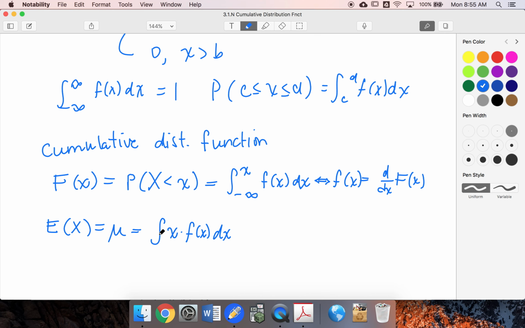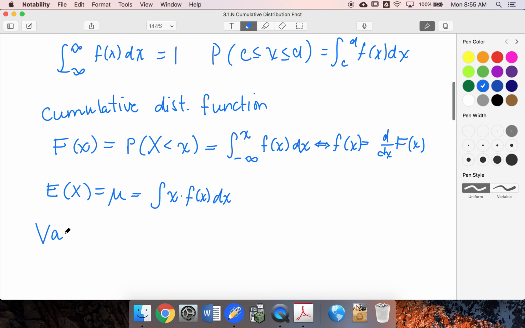So the integral of my f of x is giving me the probabilities, multiply it by the x to get the expected value. I can calculate variance, which is of course standard deviation squared, by calculating integral of x minus mean squared, f of x dx.